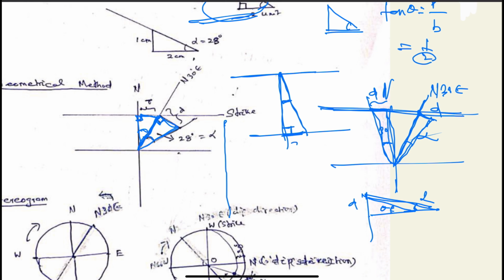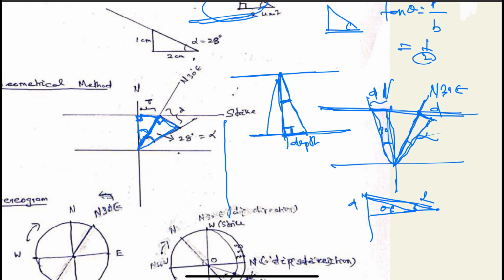This angle will be the dip angle, theta. The lines perpendicular to the dip direction are the strike, and the apparent dip is in some other direction.